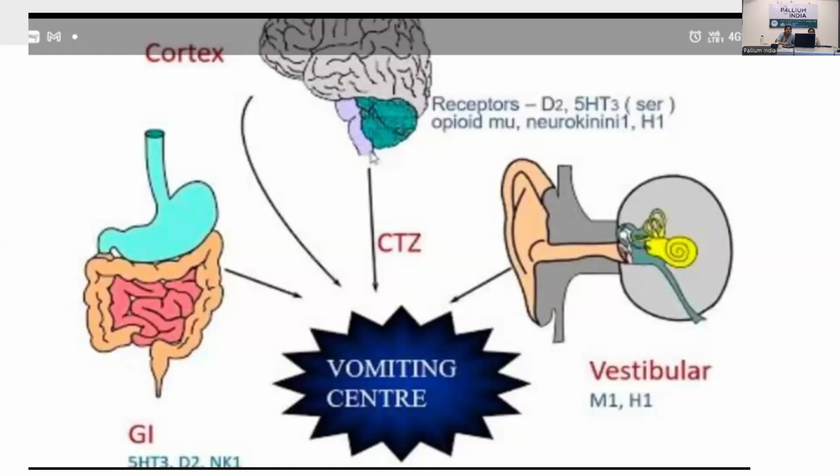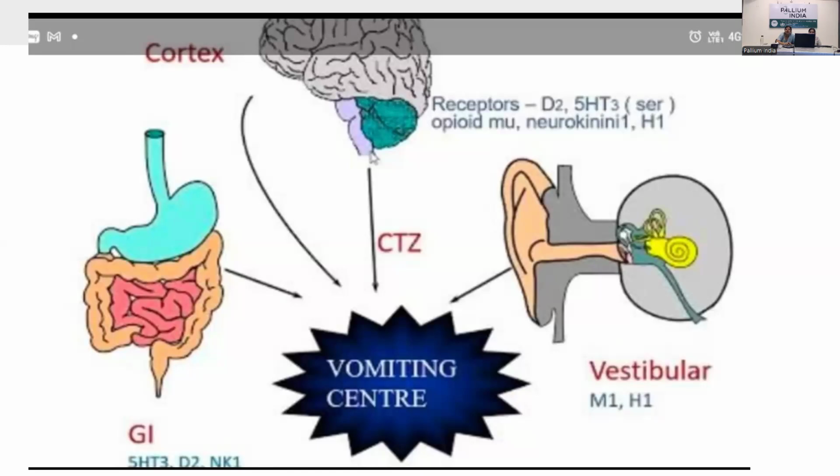So let's start with the chemoreceptor trigger zone. A zone means many things are together. The chemoreceptor trigger zone is also located in the medulla, and there are a lot of receptors. When these receptors get stimulated, the CTZ gets stimulated and sends impulses to the vomiting center.